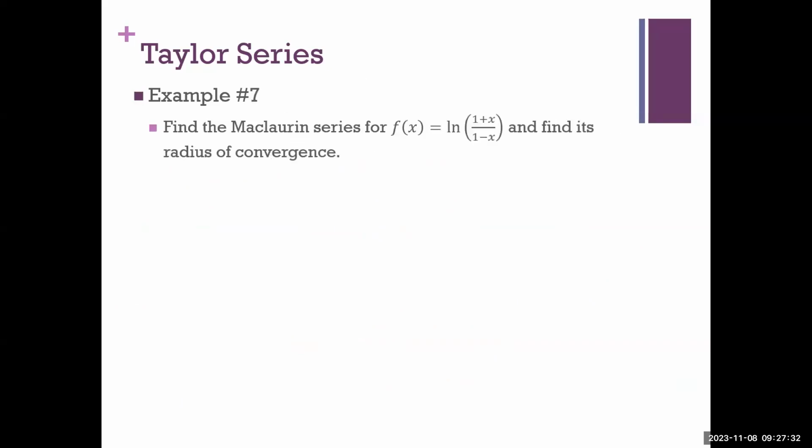So this is an example we've been talking about for a while, this strange function and how we can turn it into a polynomial. I want to find a Maclaurin series for it now that we have all the tools to do so, and see how good of an approximation that is and for what values of x it converges.